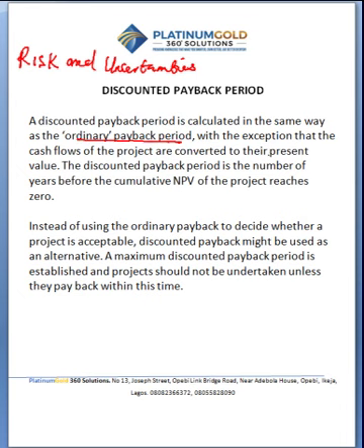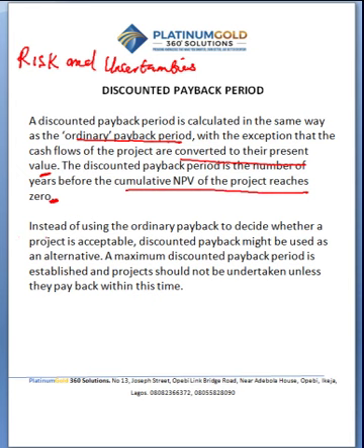The only difference is that the cash flows of the project are first discounted to their present values. The discounted payback period is the number of years before the cumulative net present value of the project reaches 0.